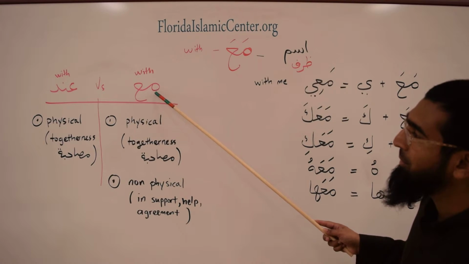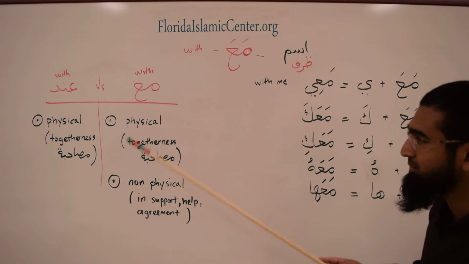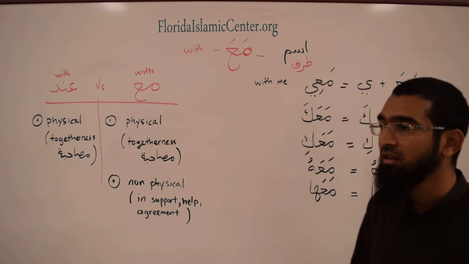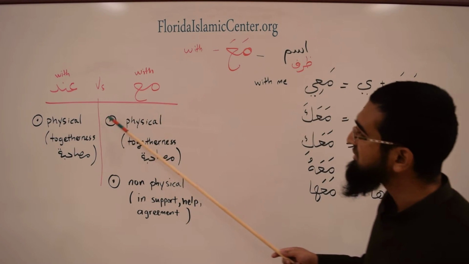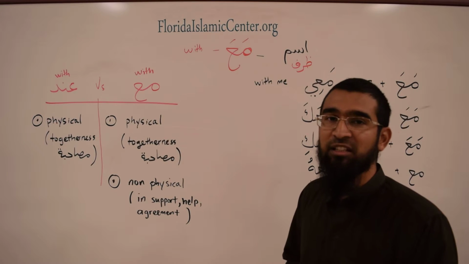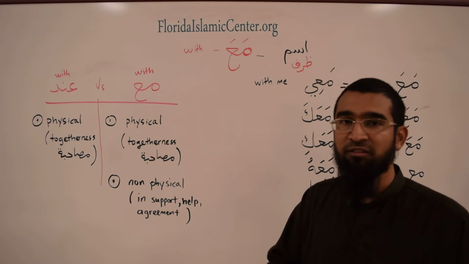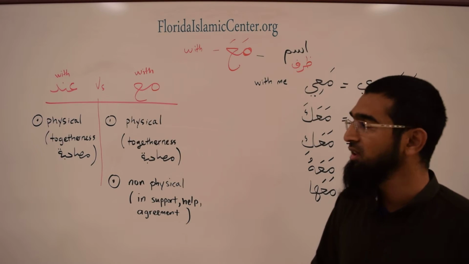So we cannot say that ma'a only means physical togetherness or musahaba. As we'll see later on when it refers to Allah subhanahu wa ta'ala, we don't really use the word physical, but I need to explain it to you in a way that you understand, because we can't apply Allah to the physical world or apply the physical world upon Allah subhanahu wa ta'ala.